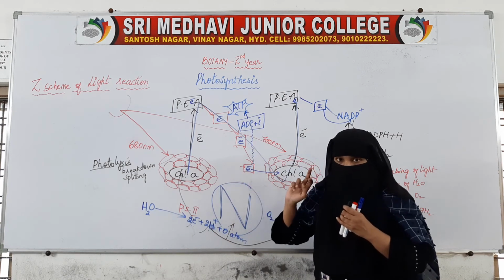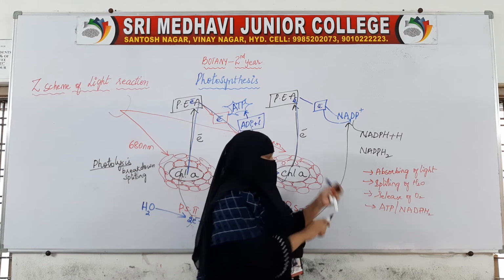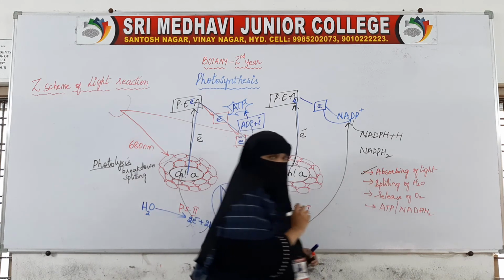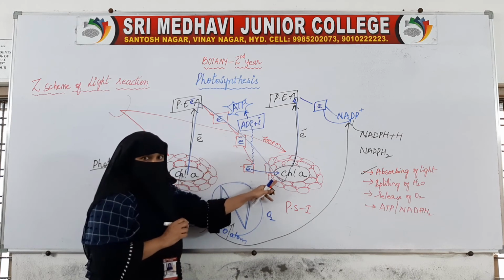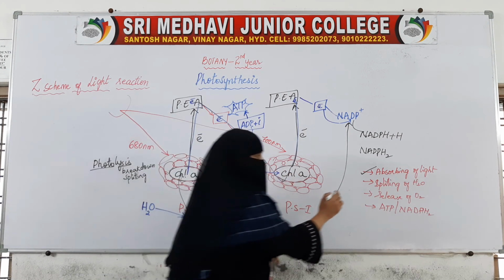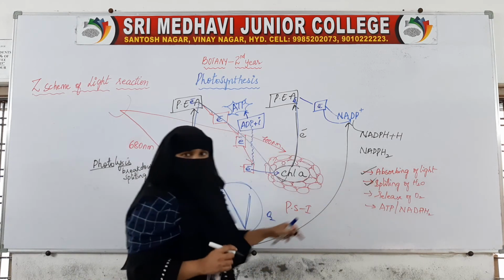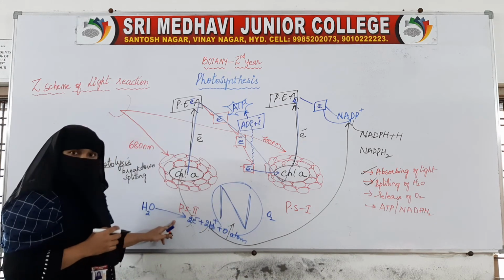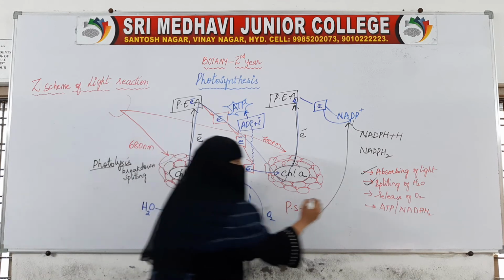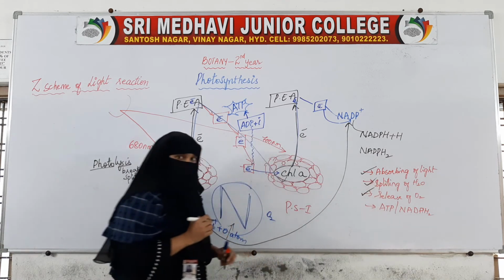Oxygen is released. So here we have seen that absorbing of light has taken place. The light harvesting complexes have absorbed the light, then the water molecule has split, and it released the oxygen.